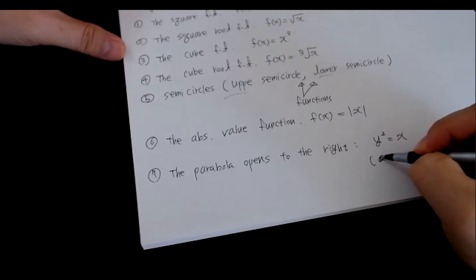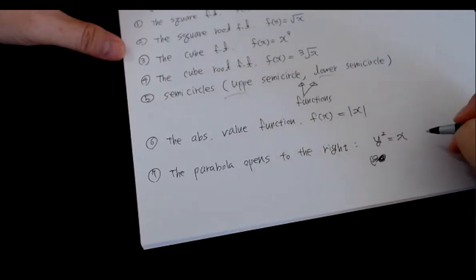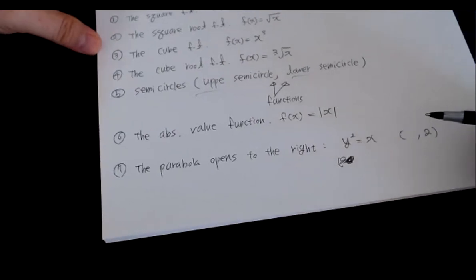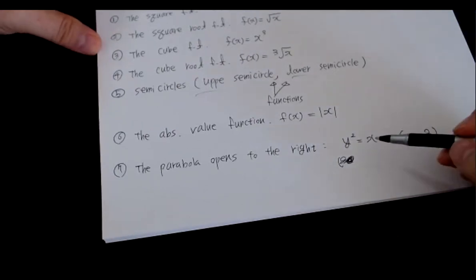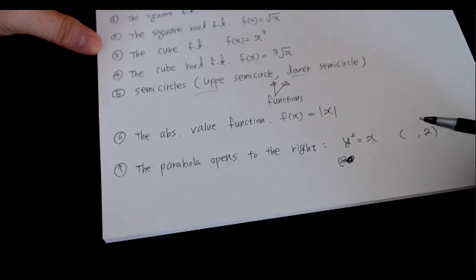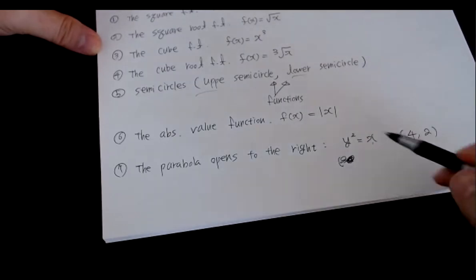When y equals 2, think about what value x must be. To get 2 as a y value, x must be 4, because 2 squared is 4.